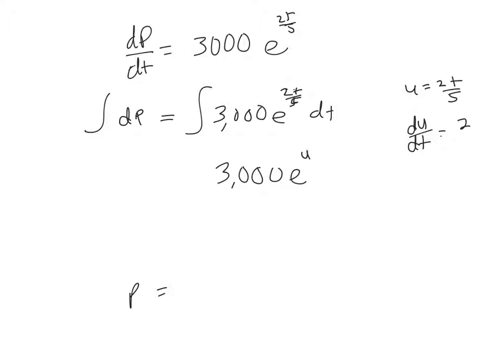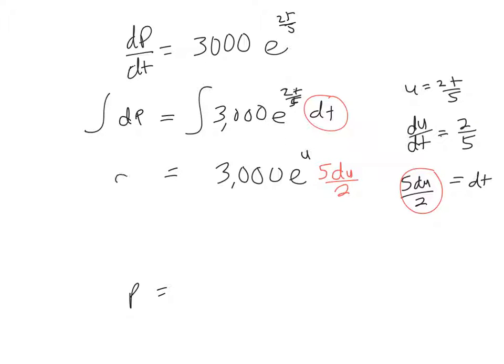Du dt then is 2/5, and if I put that in terms of dt, as most of you like, that would be 5 du over 2. So my dt right here, I'm going to replace with 5 du over 2. The left side didn't change.